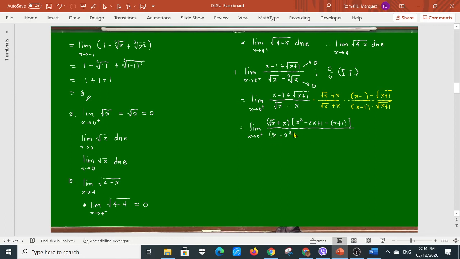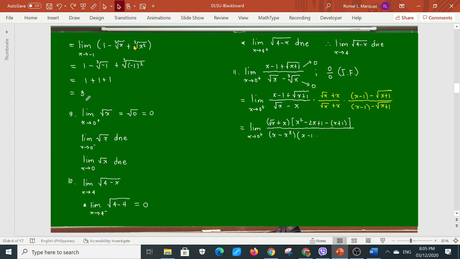Ayan. And then after that, ito naman. Multiply dito. Ito na, multiply na natin. So, copy na lang. X minus 1. And then, x minus 1 na to, no?